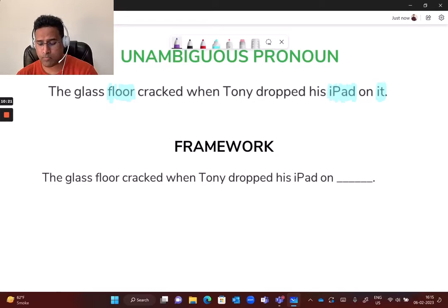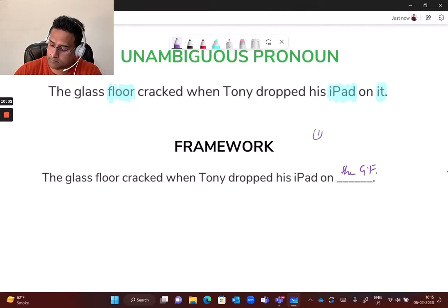So let's do that. The glass floor cracked when Tony dropped his iPad on the glass floor. Case 1. Does this make sense? Sure, it makes perfectly good sense that the floor cracked when the iPad was dropped on it. No problems there. Now let's look at case 2. The glass floor cracked when Tony dropped his iPad on his iPad.